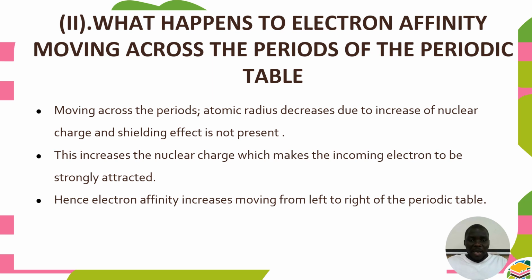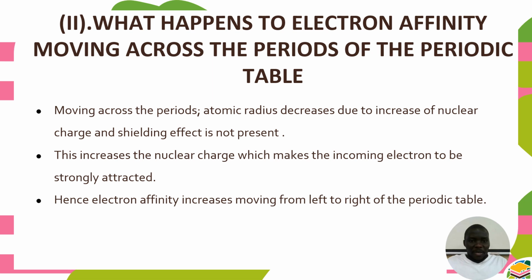Remember, as the nuclear charge increases, the outermost electron is strongly attracted to the nucleus. Hence, the energy levels are pulled inwards, reducing the atomic radius. As well, shielding is not increasing, so the increase in nuclear charge makes the incoming electron strongly attracted. Therefore, moving across from left to right, electron affinity is increasing.